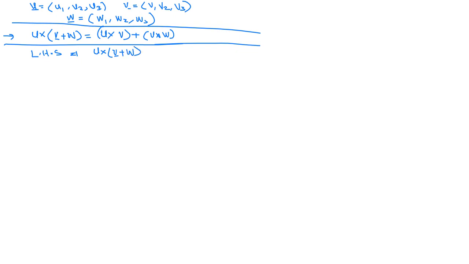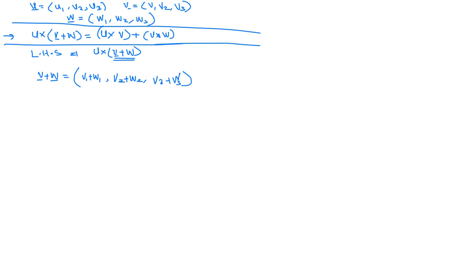Okay, so first I want to add the two vectors. You know how to add two vectors: we add v1 plus w1, v2 plus w2, and v3 plus w3.